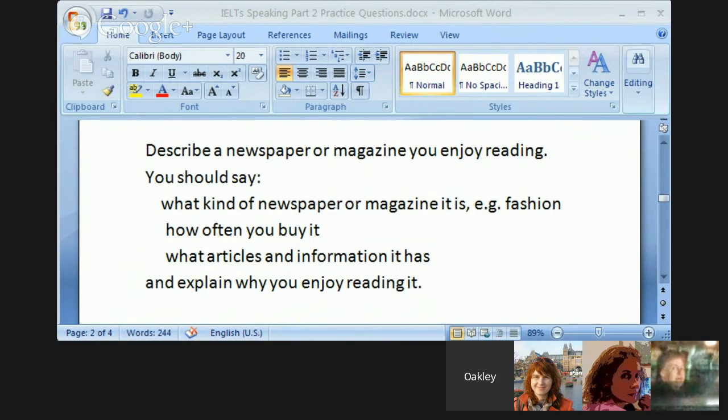But nowadays I often read magazines and articles and newspapers online because it's more convenient. But still, I like reading Time magazine and Newsweek magazine. And for Newsweek magazine, a Japanese version is available, so I often read that Japanese Newsweek magazine.